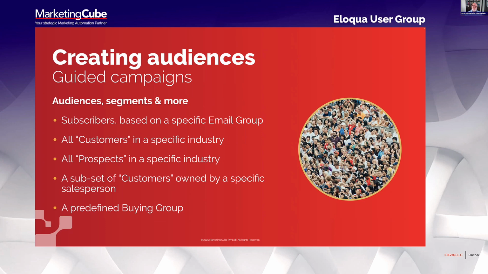And what are the most common ways that your sales team or your various guided campaigns user communities, what do their audiences look like? And so can we create them? I've given you some examples. Is it customers in a specific industry versus prospects in a specific industry? Could it be business partners in a specific industry?